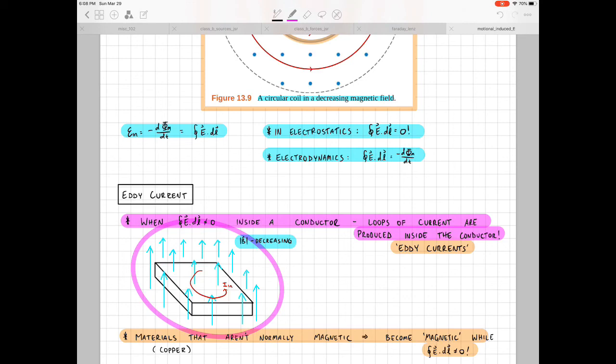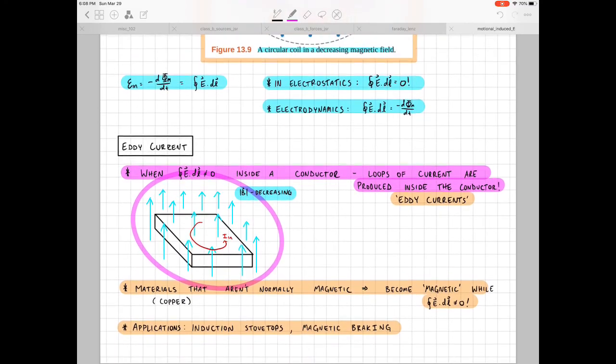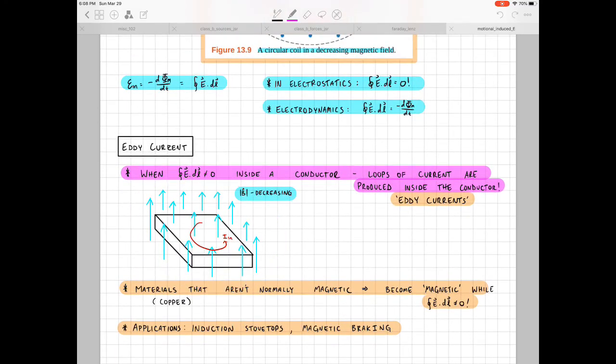That is going to induce a current in the conductor, and these are called eddy currents. One of the really interesting things here is that materials that aren't normally magnetic, say copper, if they are present in a region of space where the magnetic field is changing with time, magnetic moments will be induced in the material, and essentially it will behave as though it were magnetic. So this is a very useful and interesting phenomenon.